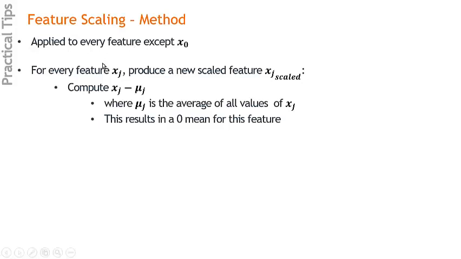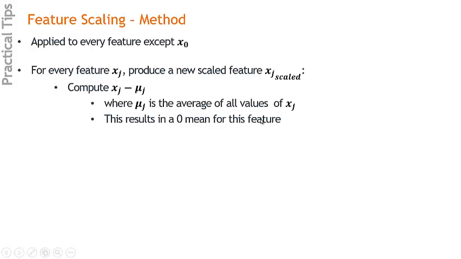For instance, for every feature you produce a new scaled feature by subtracting the mean, where mu j is the mean of the feature xj. That means this rescaled feature has 0 mean.